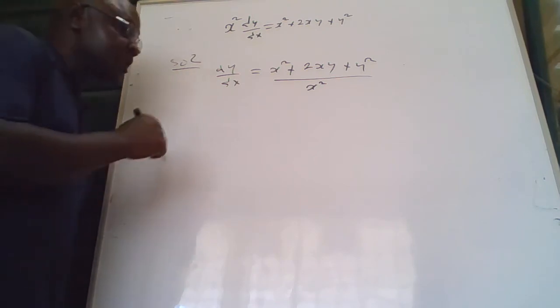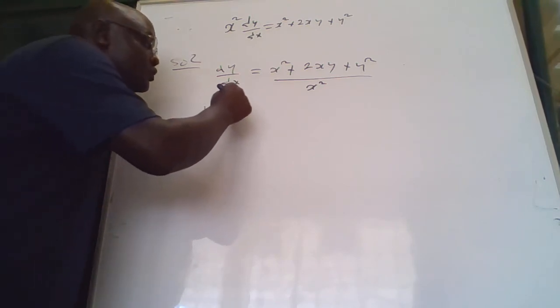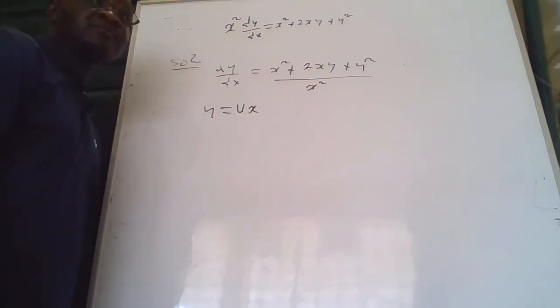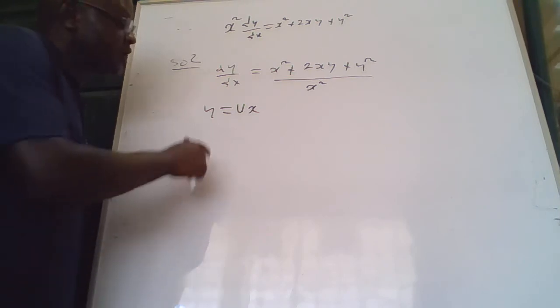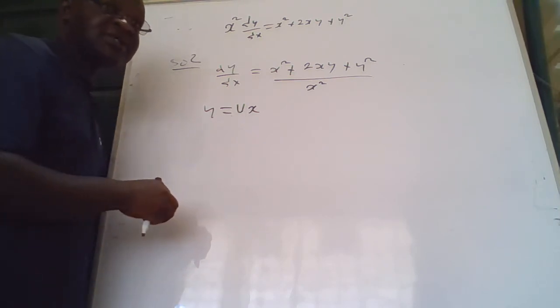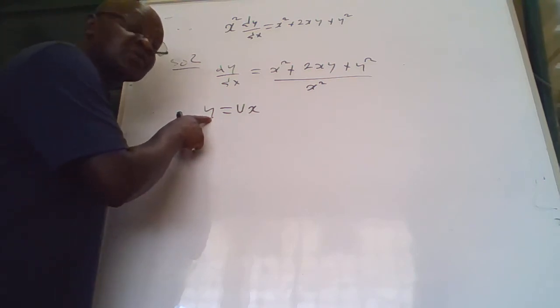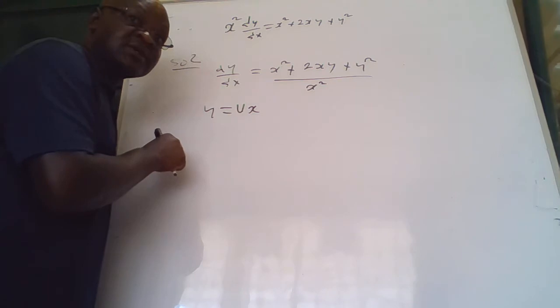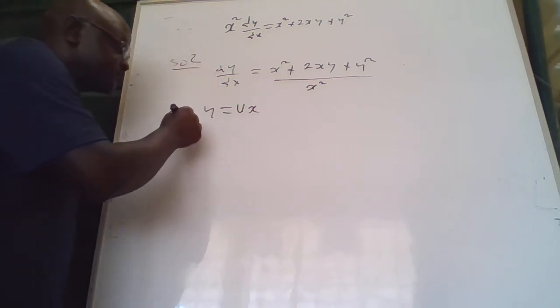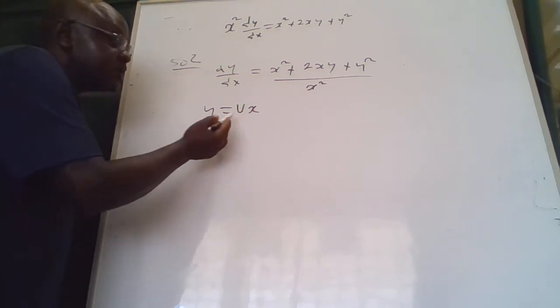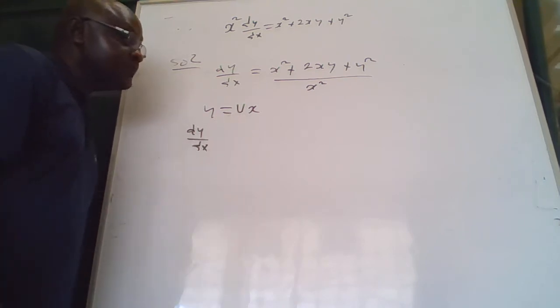So we shall substitute y equals Vx. When you substitute y equals Vx, first of all, we differentiate y with respect to x, so that we have dy dx. To differentiate this, we apply the product rule.